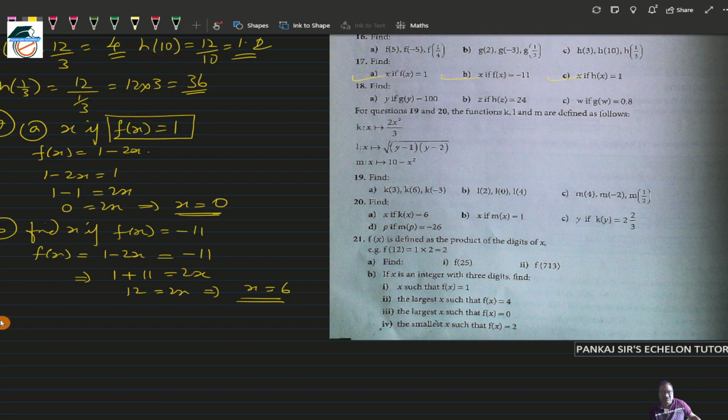Let us do this C. C says that find x if h of x is equal to 1. We know h of x is equal to 12 upon x. Am I right?